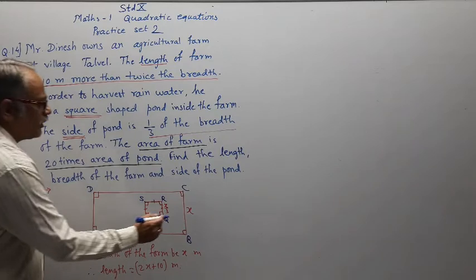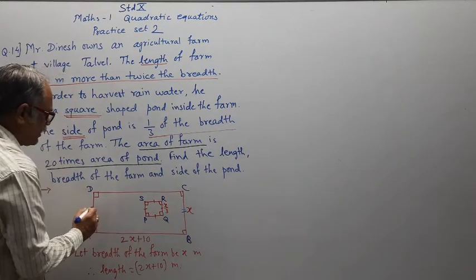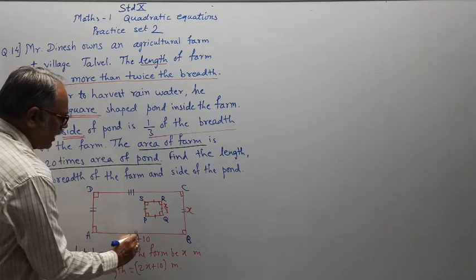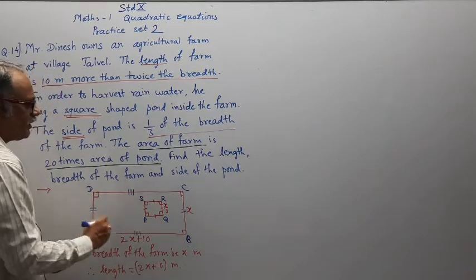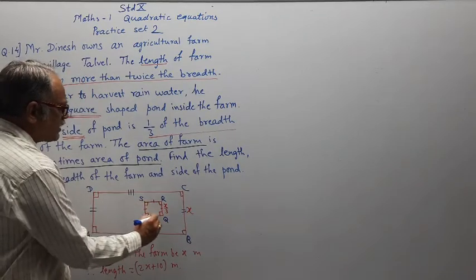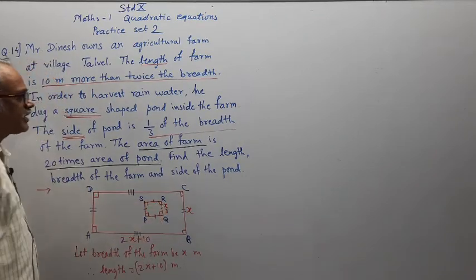Now, it is a rectangular agricultural farm with sides 2x plus 10 and x, and a square shaped pond with side x by 3.